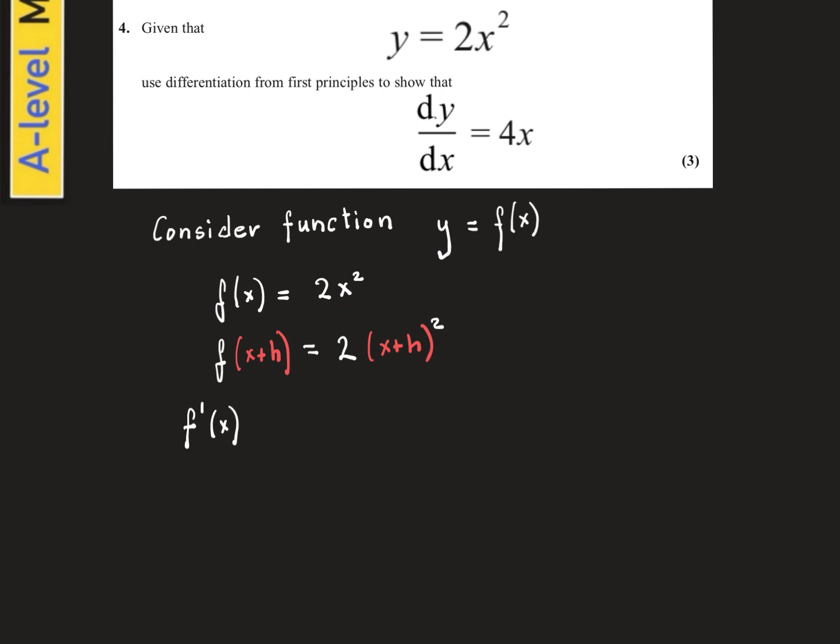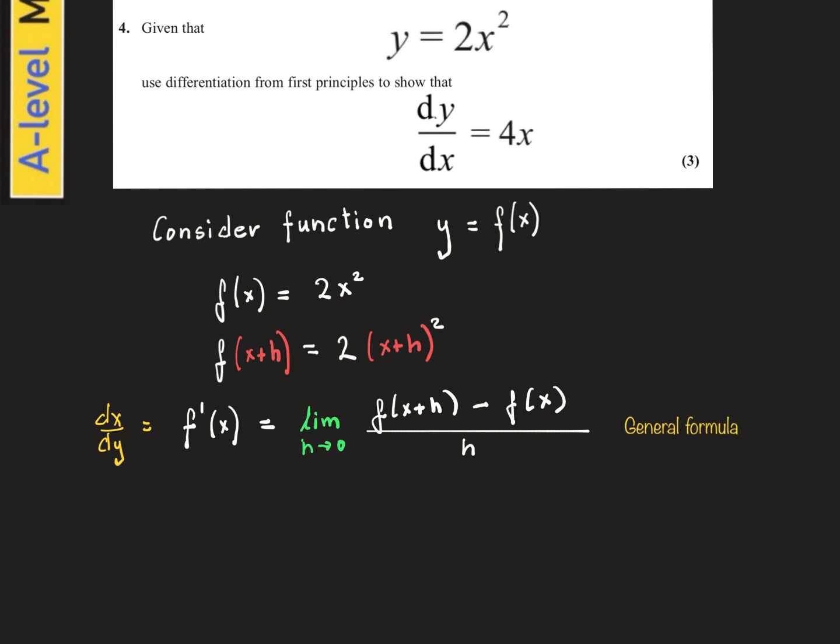So it's f'(x) is equal to, and the most important part is that we are writing the limit as h goes to 0 of the function f(x + h) minus the function f(x), over the distance h. And yes, I know that it could be written as dy/dx, but I prefer to always write it as the function with dash x.